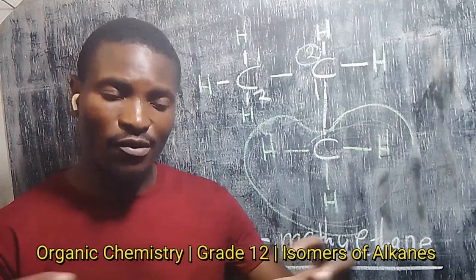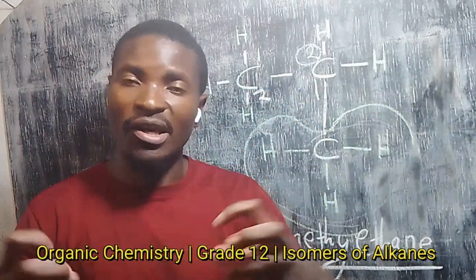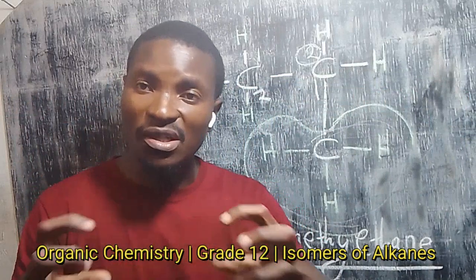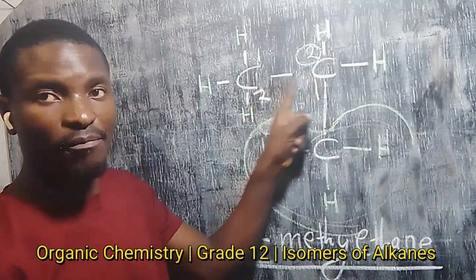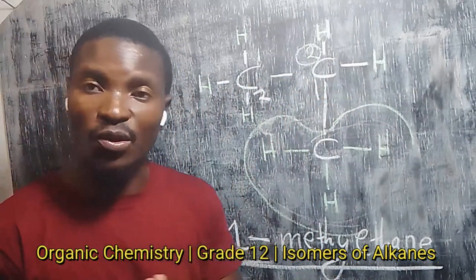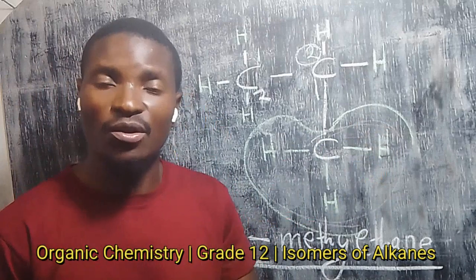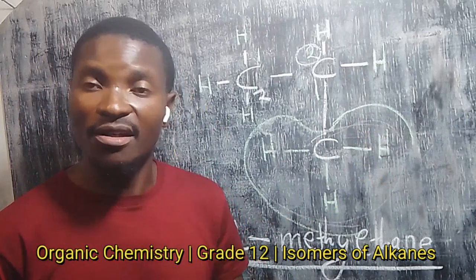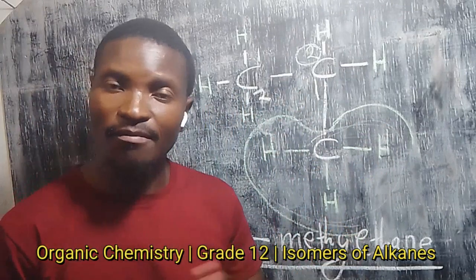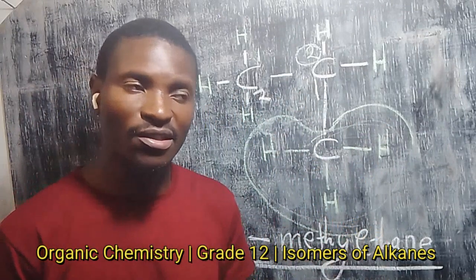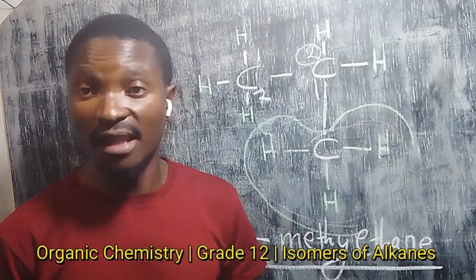You also have to understand that the unbranched chain gives us the root name. The root name is this unbranched chain, which has 2 carbons. When you go to that table, which I will also share in the coming videos, the parent name of a hydrocarbon which has 2 carbons in it is ethane.